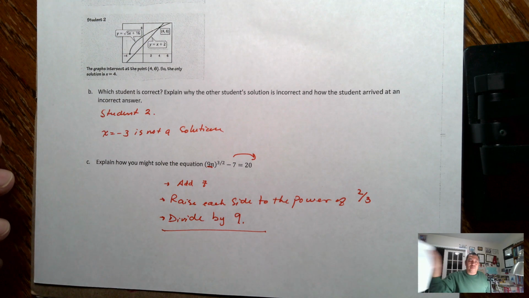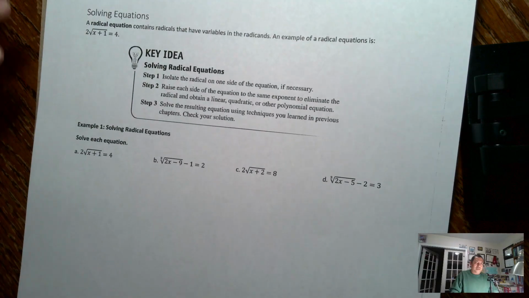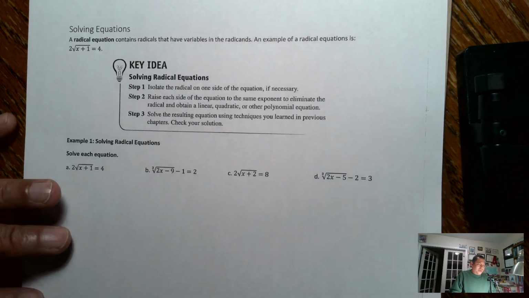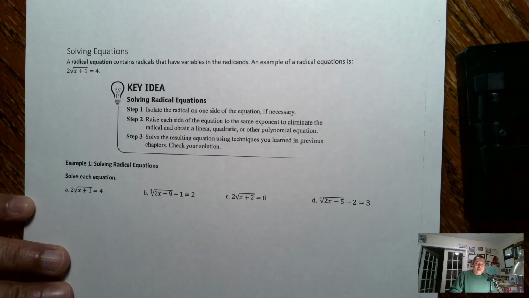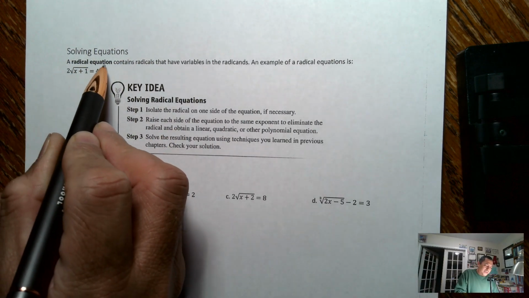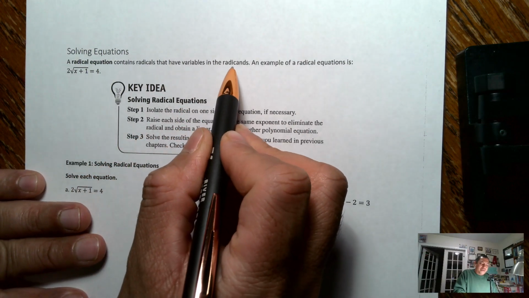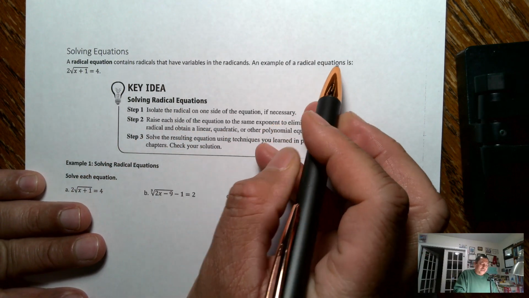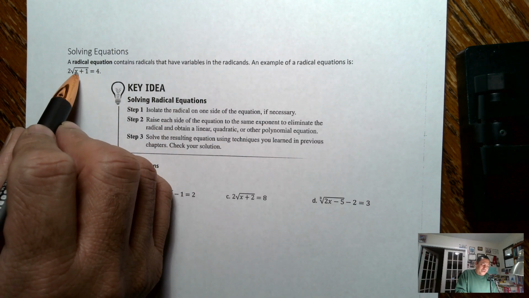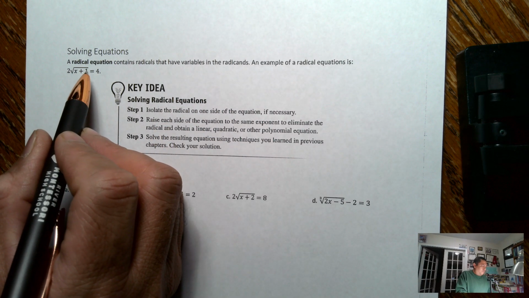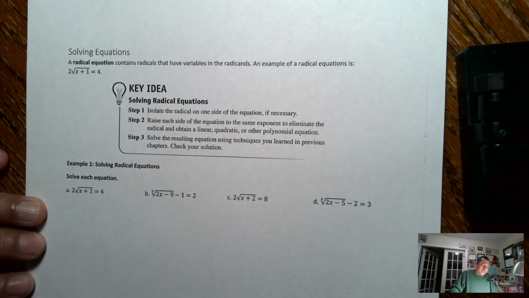Now we're going to solve equations. Turn your page around. Remember, a radical equation contains radicals that have variables in the radicands. An example of a radical equation is 2 square root of x plus 1 equals 4.